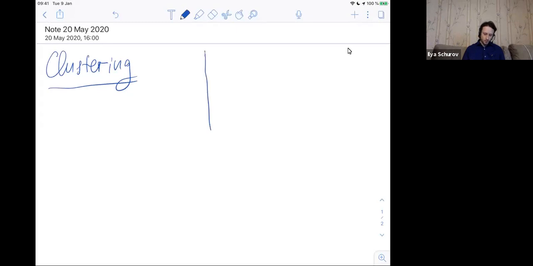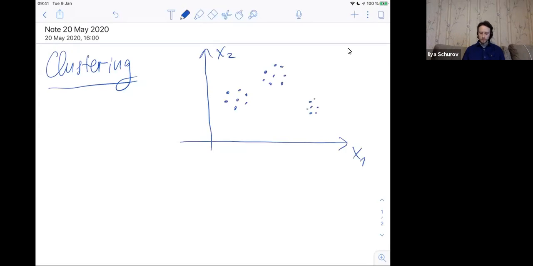So, for example, assume that you have two numeric variables in your data. You have x1 and you have x2. And your data looks like the following. Something like this.